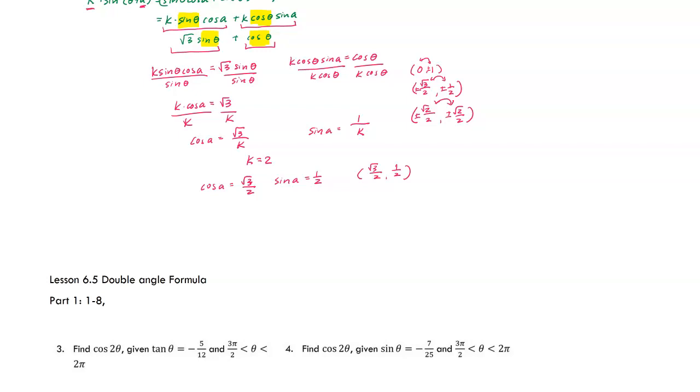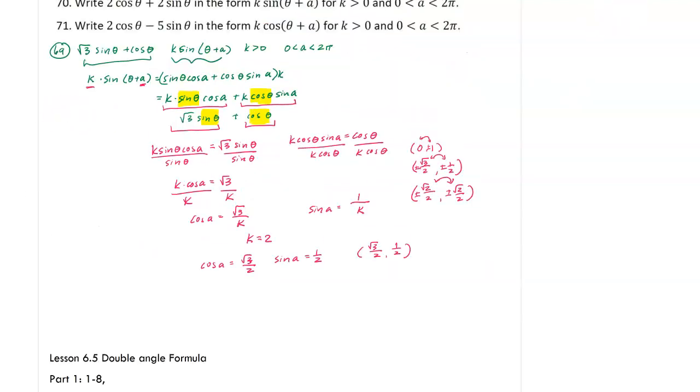So when cosine of a, or x, is square root of 3 over 2, and sine of a is 1/2, the only option for a is that a equals pi over 6.